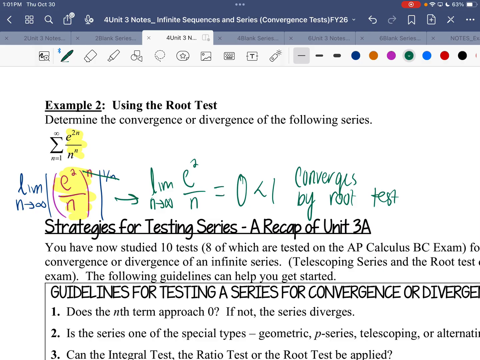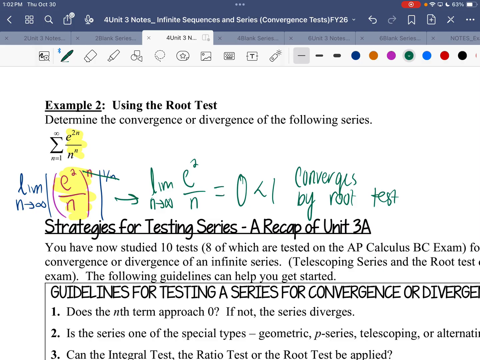It's not like a fake thing that I'm making up. It's just not one that College Board is going to put on the multiple choice. They're not going to say, using the root test, determine convergence. So you are allowed to use this on a free response question. You just don't have it on multiple choice is basically the moral of that story.